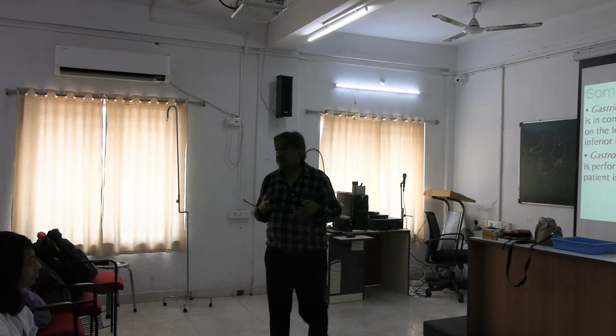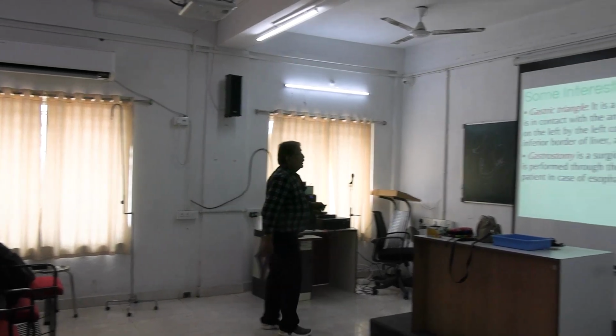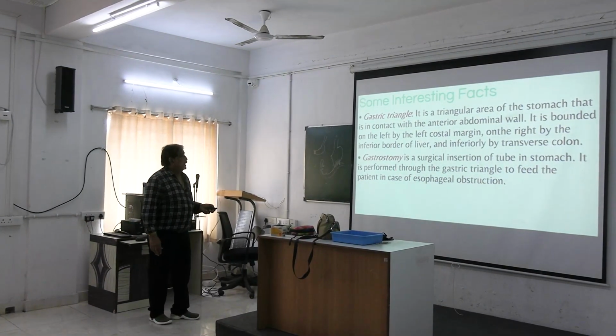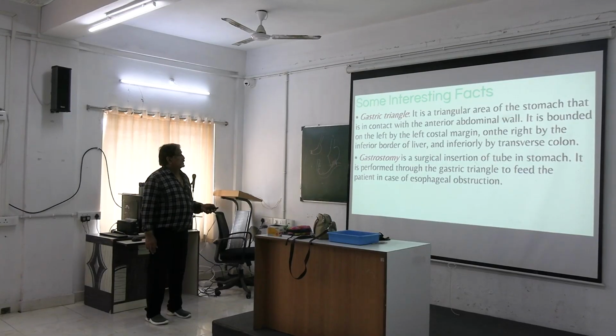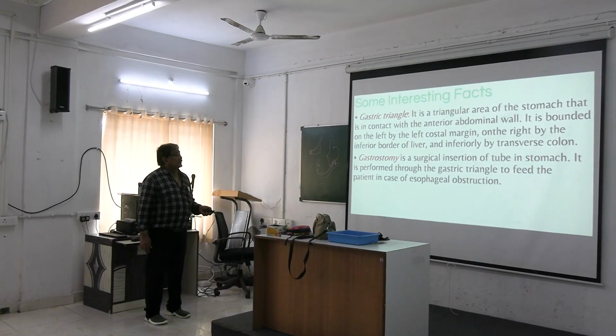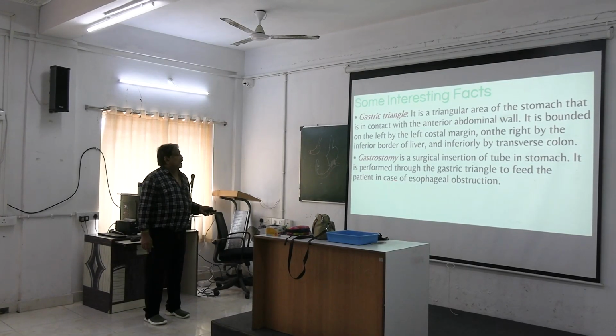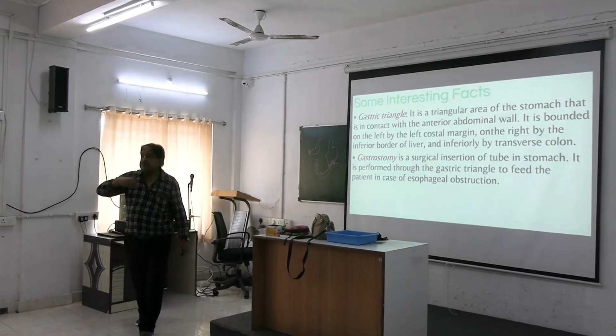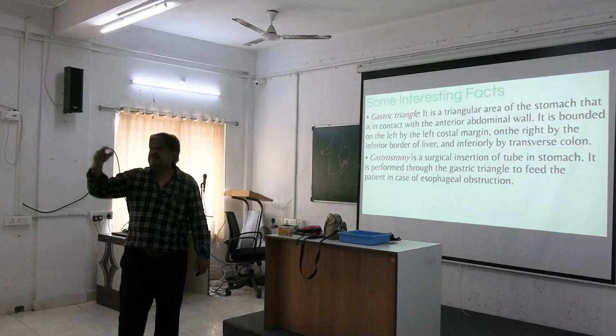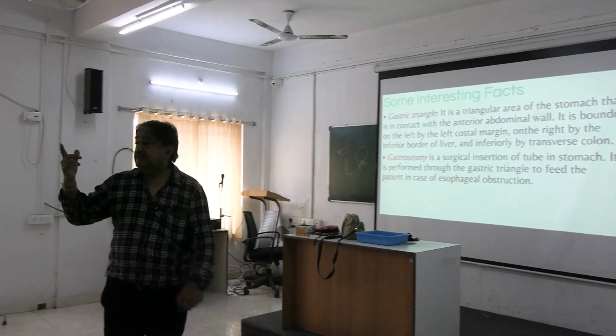The heart, it is so, now gastrostomy is a surgical insertion of a tube in the stomach. It is performed through the gastric triangle to feed the patient in case of esophageal obstruction. You cannot take like Barrett's esophagus.